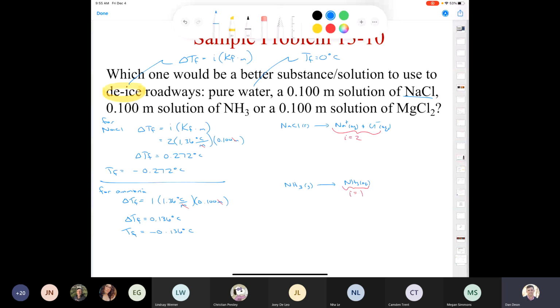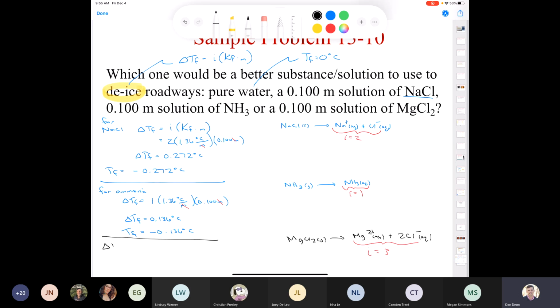Okay, so far sodium chloride is looking the best, isn't it? But you know that's not the answer, is it? Right? You know that for magnesium chloride, MgCl2, that's going to dissolve in water to give you 1 magnesium 2+ ion, but 2 chlorides, isn't it? Yeah. So that means that your Van't Hoff factor is going to be 3. So you see where I'm going, right?